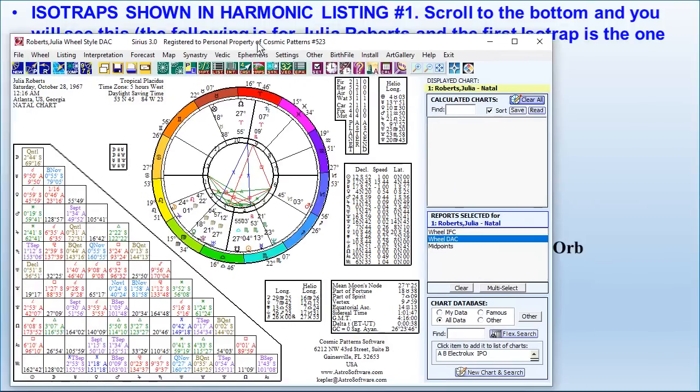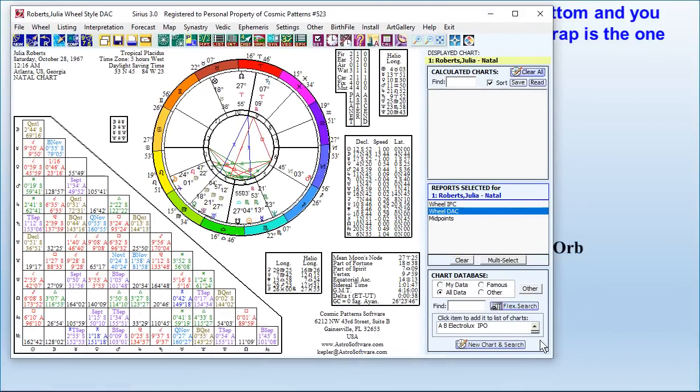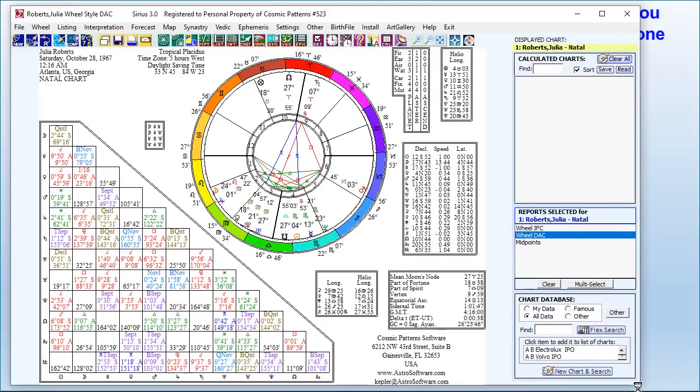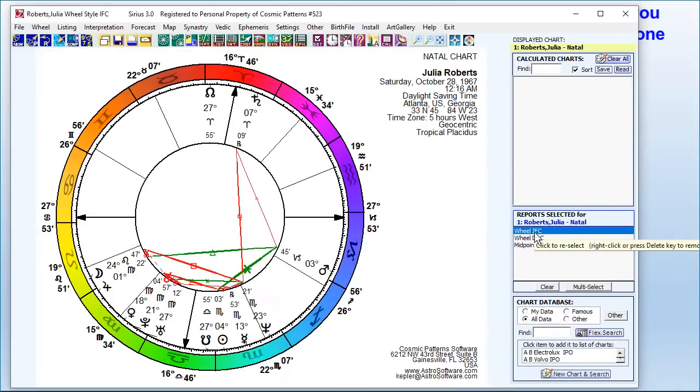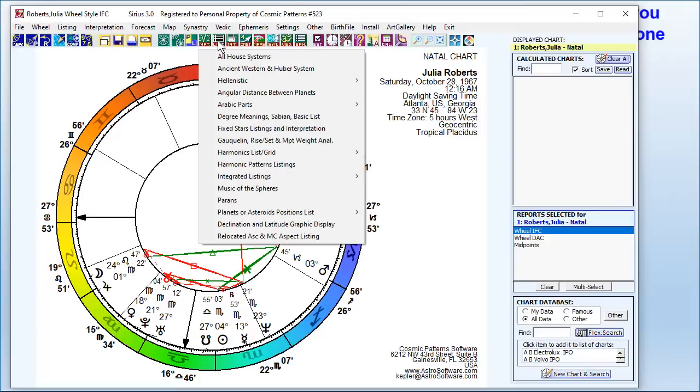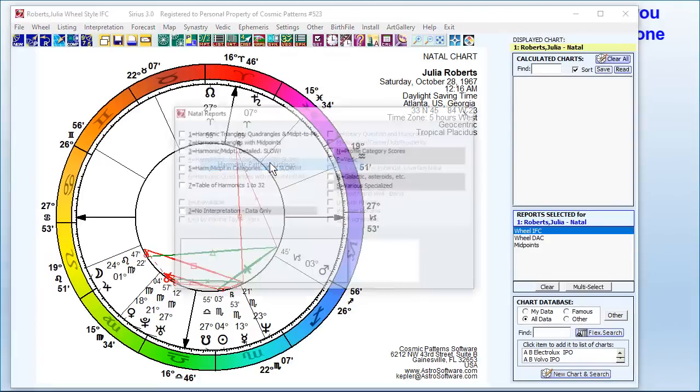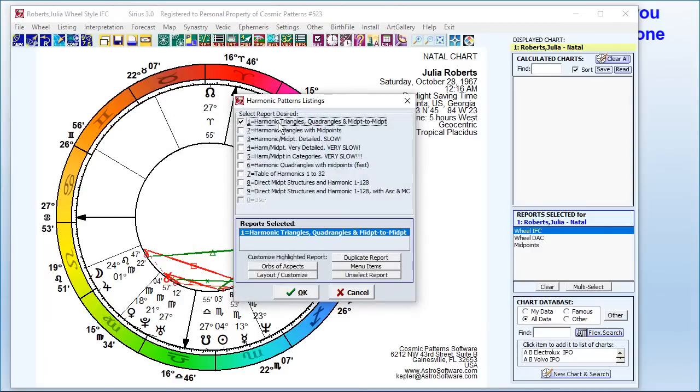Let's drag this over and expand it a little bit, and let's pull up a nice simple wheel. Okay, so there's Julia Roberts. I want to know what isotraps she has. I can go to listings, harmonic patterns listings here, and then number 1, harmonic triangles, quadrangles, midpoint to midpoint.